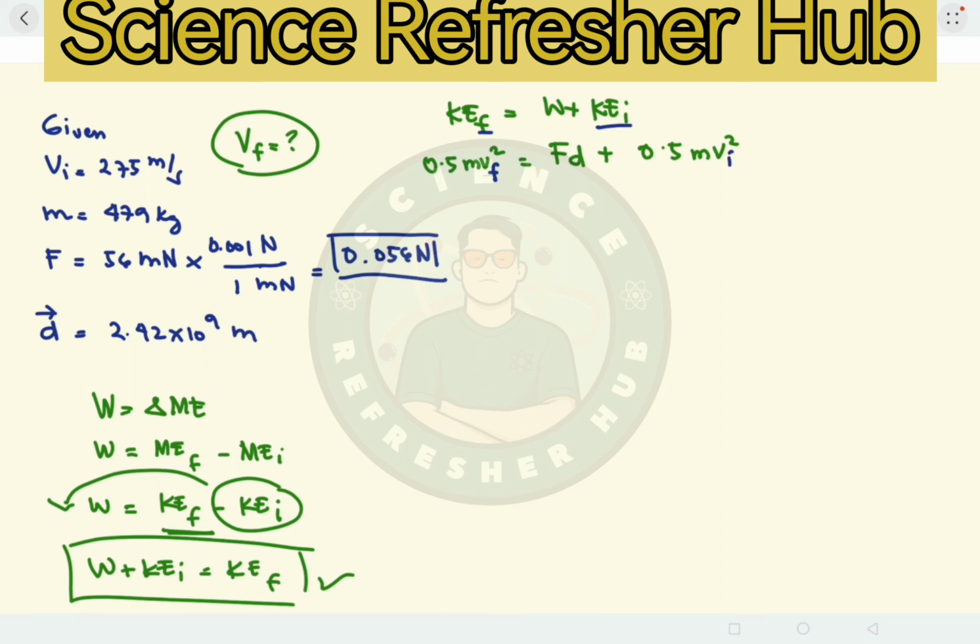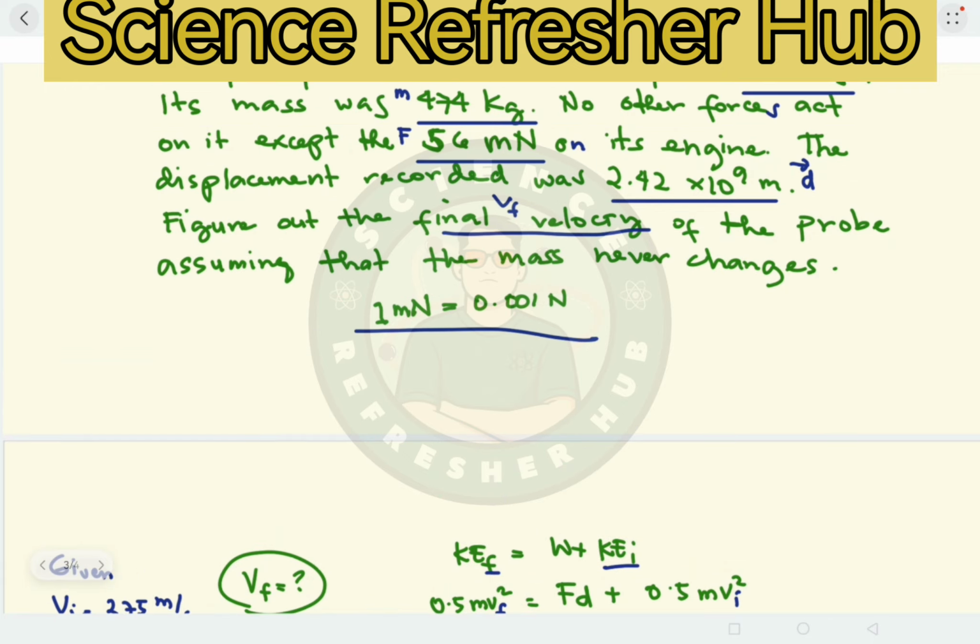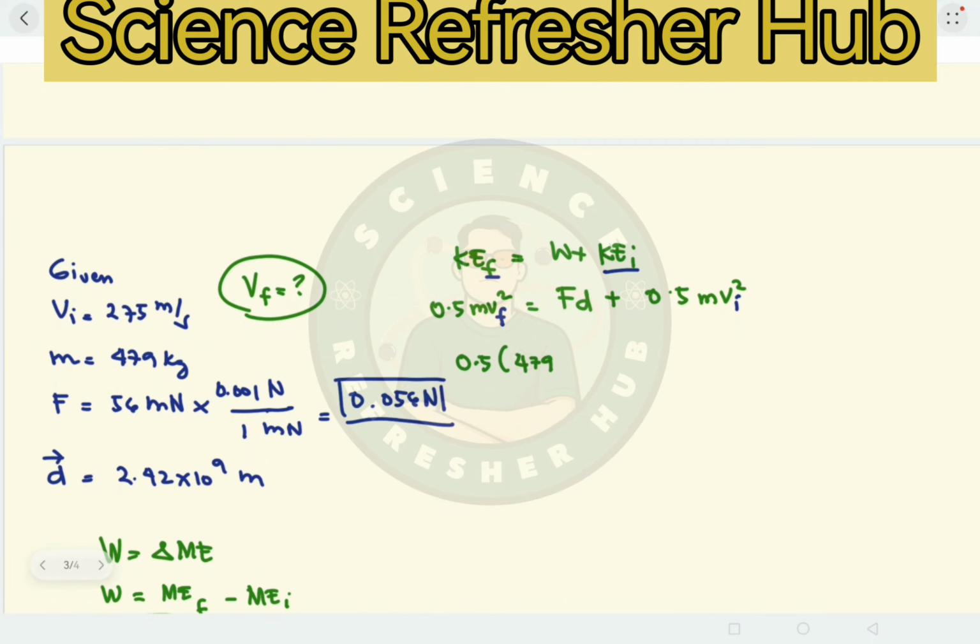Let's continue. Let's plug in all the givens. 0.5, the mass is 474. Let's make sure, 474, it's not 479. It's going to be 474 kilograms, multiplied by VF squared, our unknown.